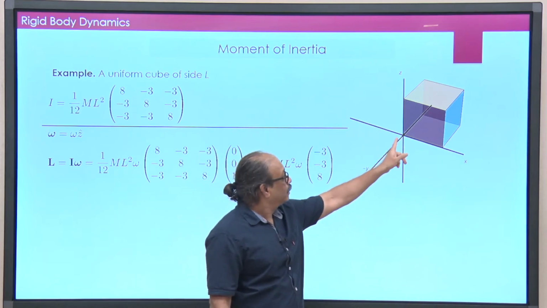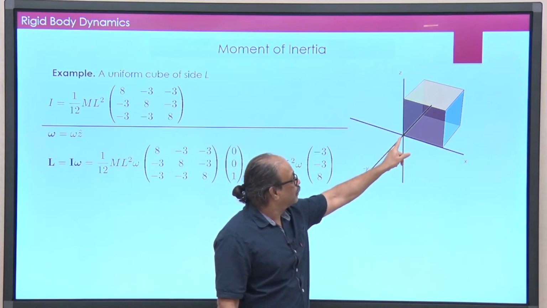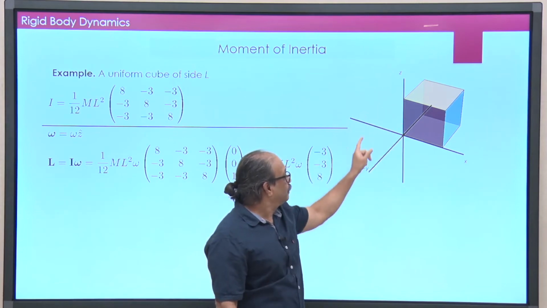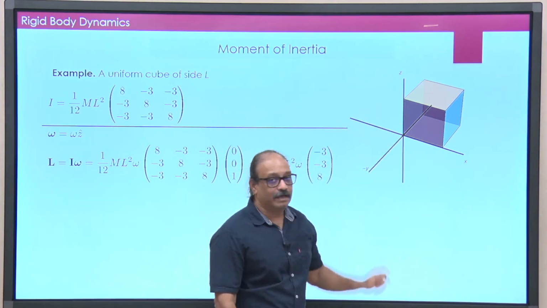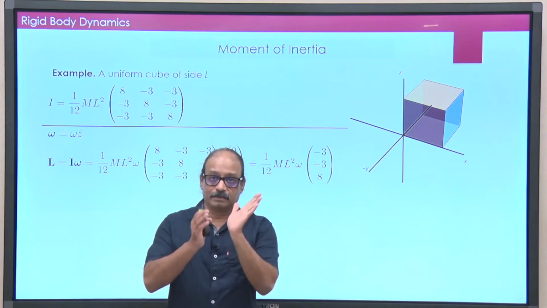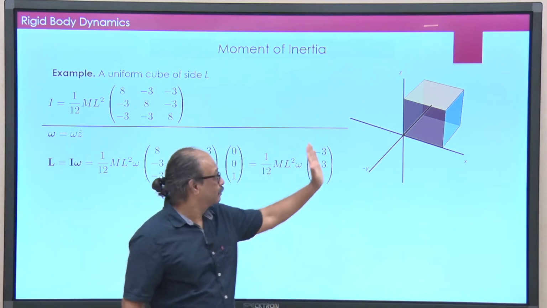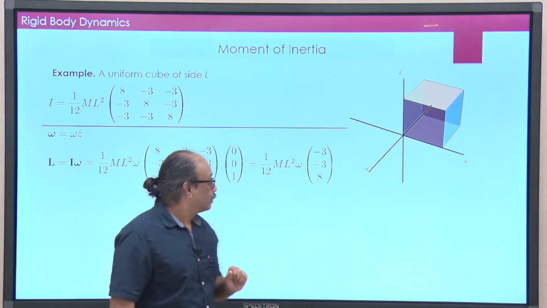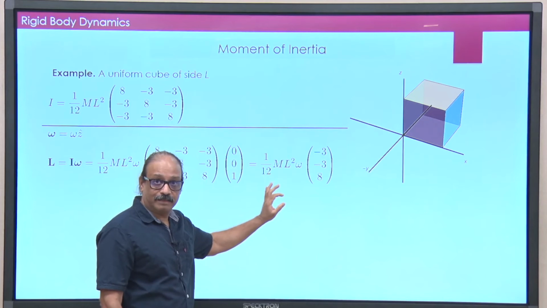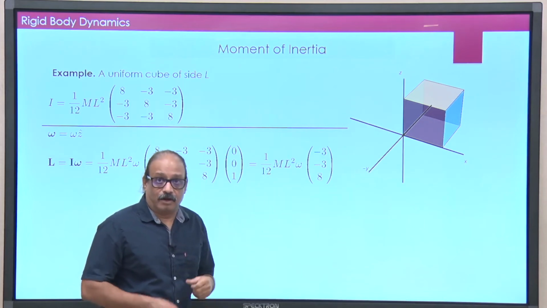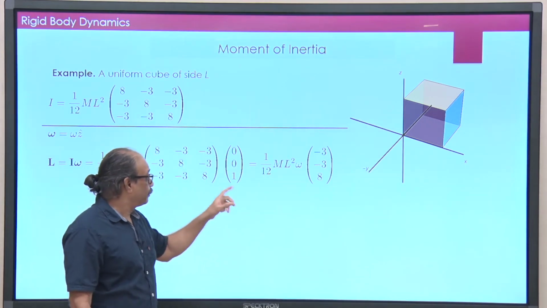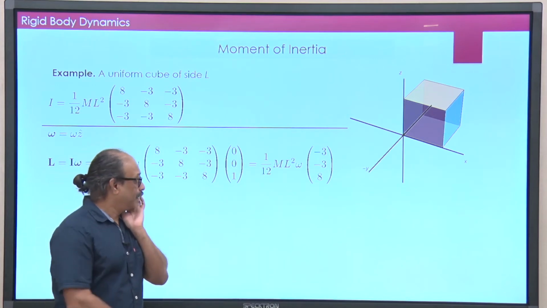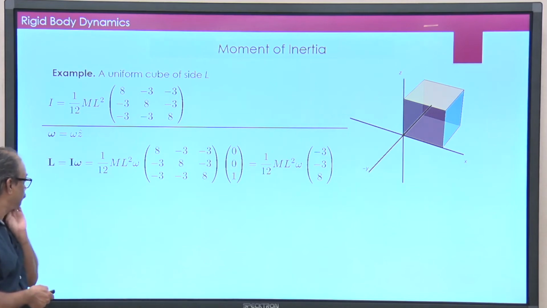So, basically the L vector goes like this, where it has a positive component, but the x component, y component are on the negative side. Okay. So, it is away from the body like that, it goes like this into the third quadrant. Okay. So, basically what will happen is that angular momentum normally will not be parallel to omega vector, okay, for rigid bodies. And here is one more example.